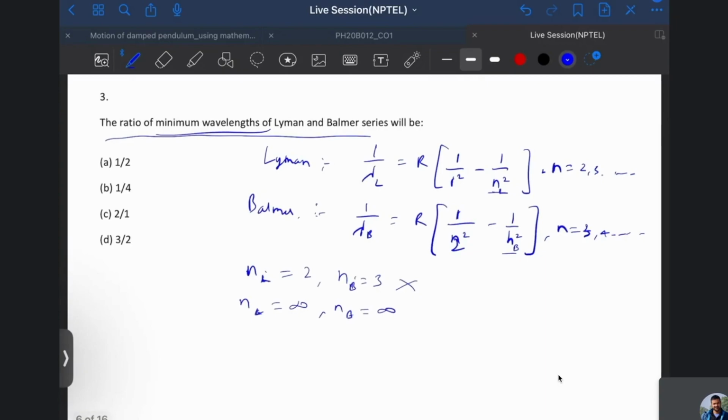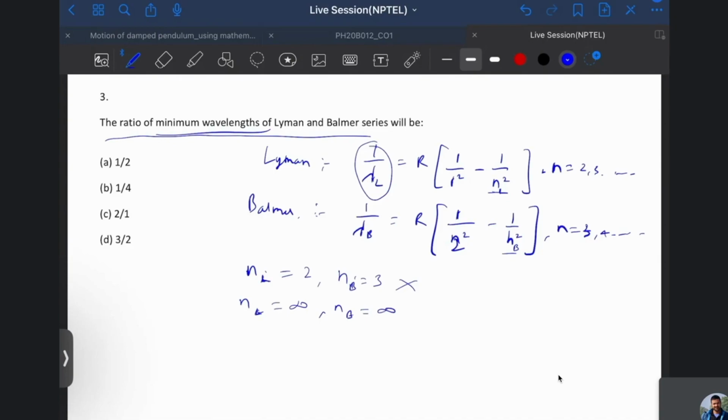So you need minimum wavelength. That means you need this quantity to be as less as possible. So whatever you're subtracting from here should be 0, right? And to make it 0, you should have n equal to infinity. Otherwise, it won't go to 0, right? So it's the simple logic.